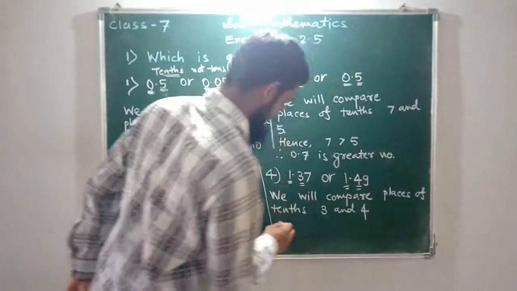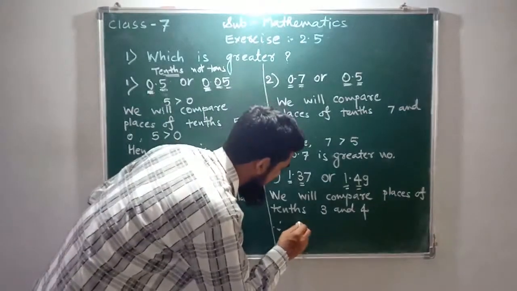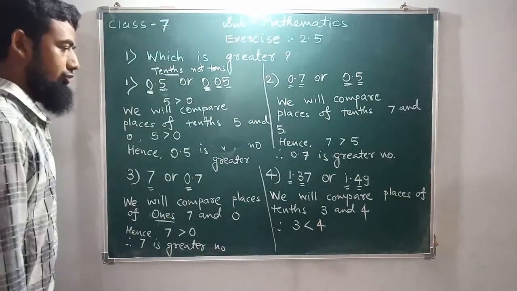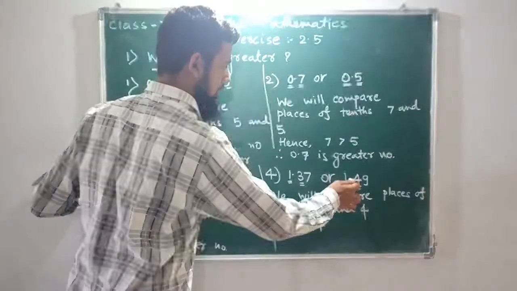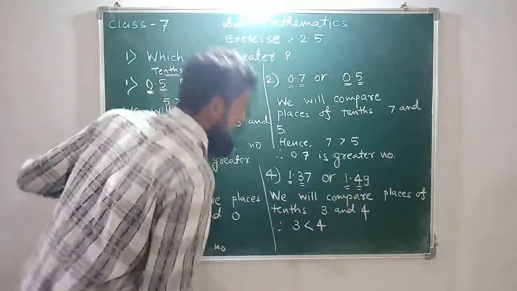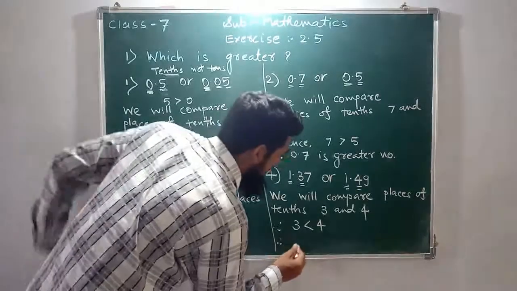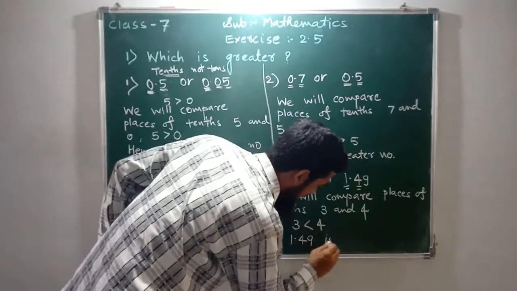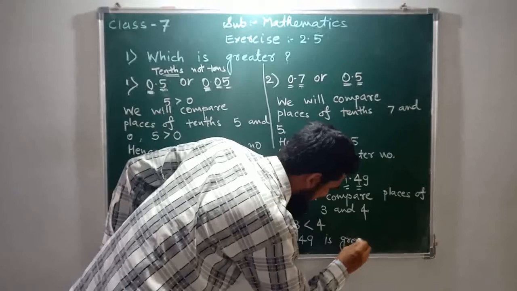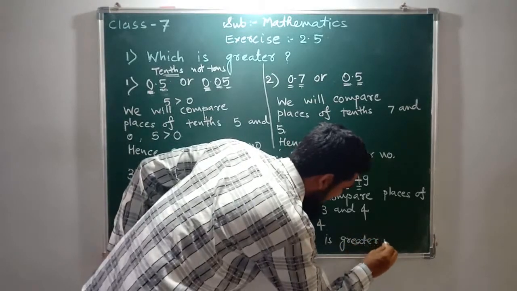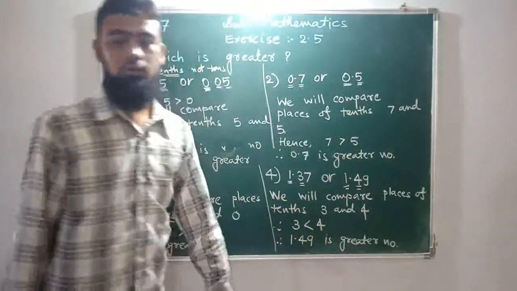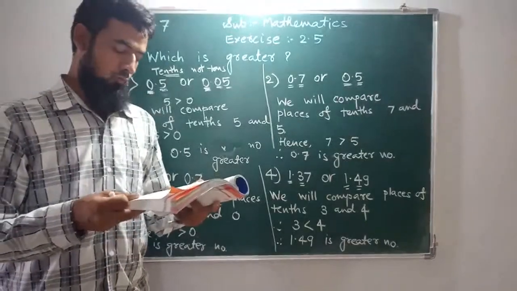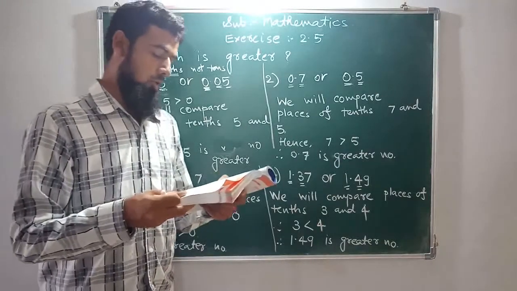Okay, therefore 3 less than 4. So tell me which number is greater? Obviously 1.49 is a greater number. Therefore 1.49 is greater number. So here beta, question number 1 I have done here.